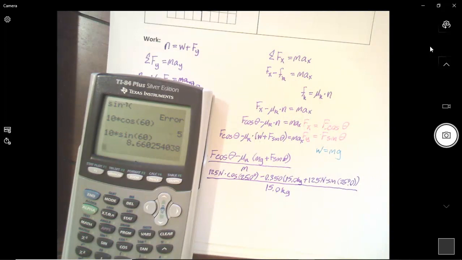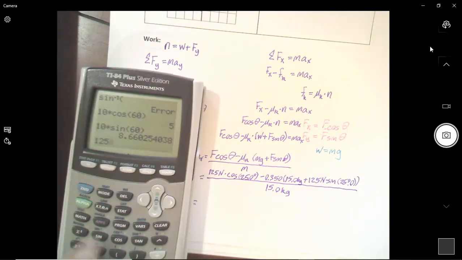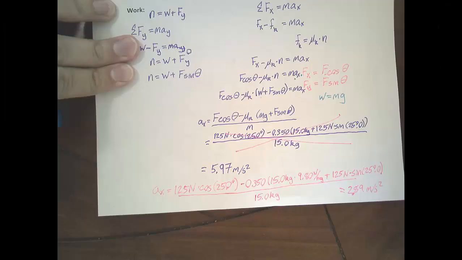There's a typo there. Plug that into the handy dandy calculator. 125 times cosine 25. Oh, looks like I do have an error in my solution, but through the magic of editing, here is the correct solution.